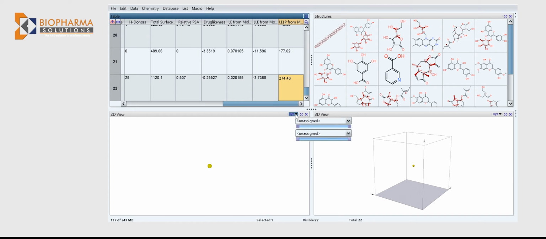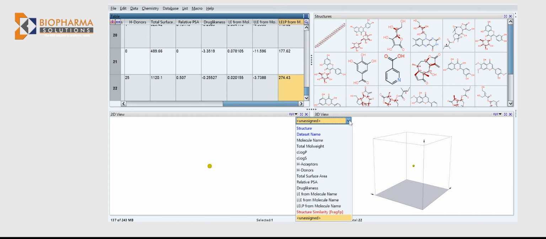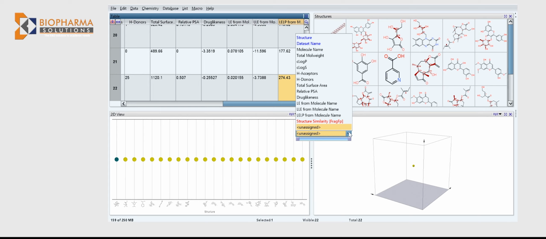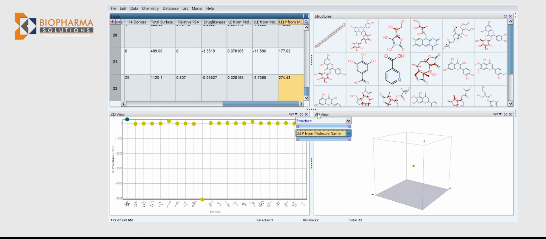So let us initially make a two-dimensional presentation where structure will be given along the x-axis. Then y-axis, let us give LELP. Okay.